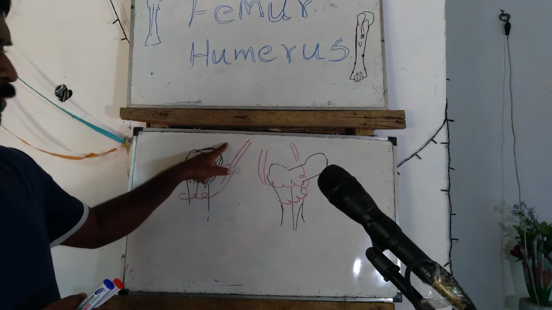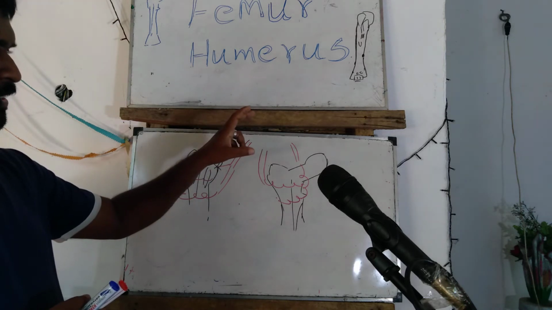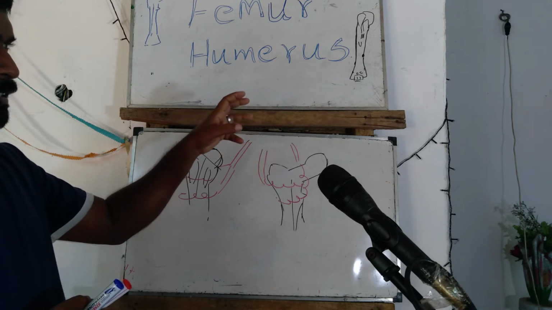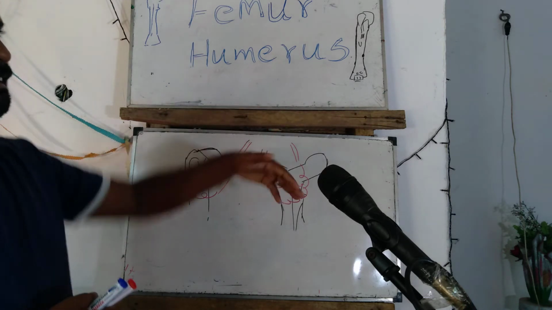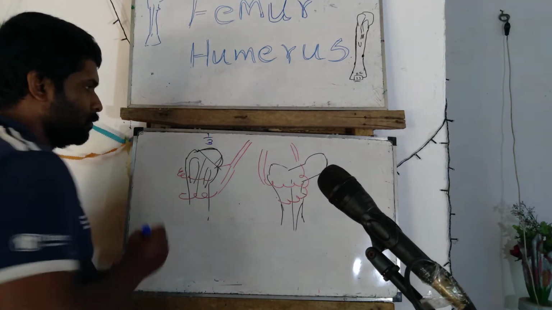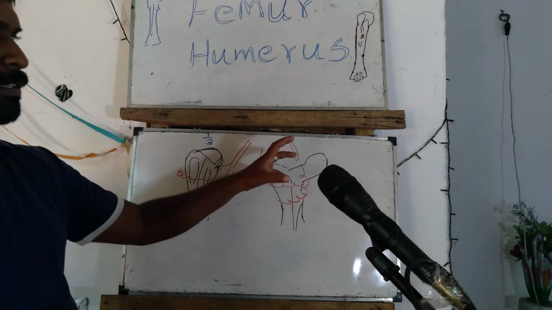The humerus head connects to the glenoid cavity, but not a proper connection; it connects about one third in the glenoid cavity, a handle-like connection. But the femur goes to the pelvic bone.